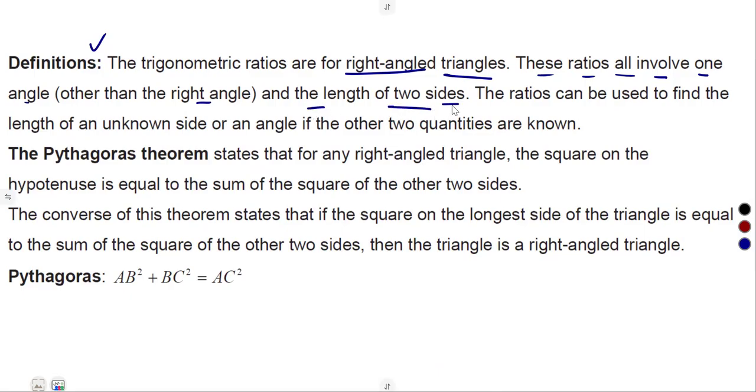two sides. So we saw that if it is a ratio of a sine, the ratio of a cos, it is the angle to the given side. Is it AB over AC? So two sides must be included in a ratio. The ratios can be used to find the length of a known side or an angle if the other two quantities are known.